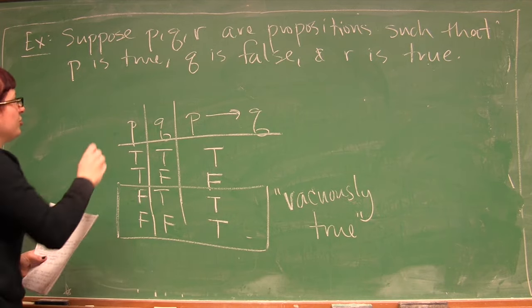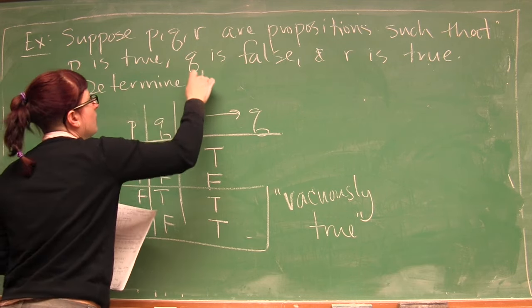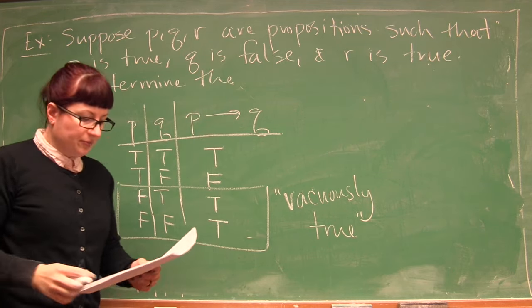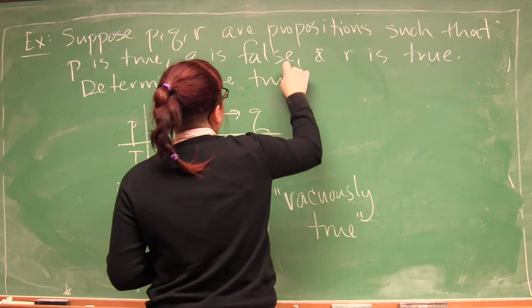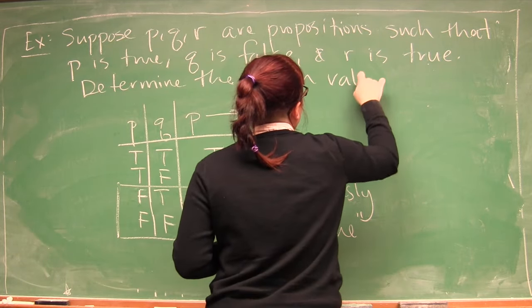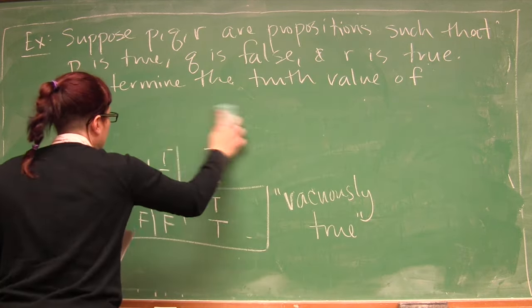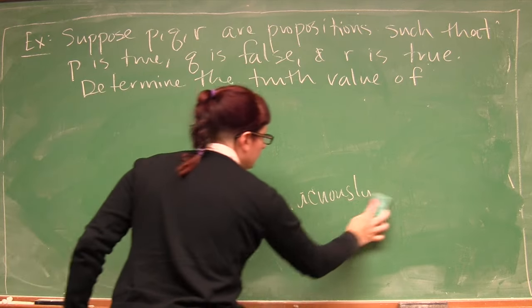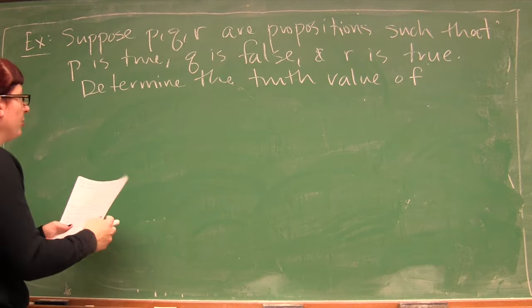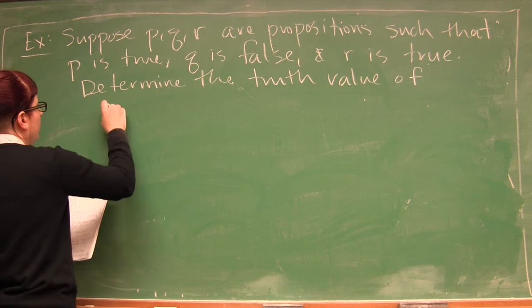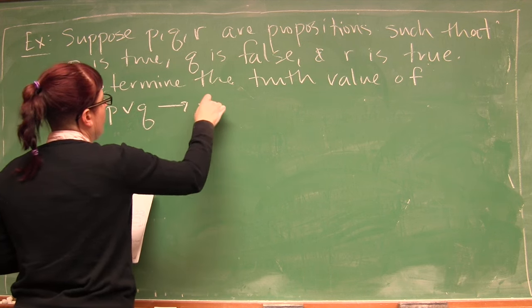So the question is to determine the truth value of the following proposition. The proposition we want to determine the truth value of is P or Q implies not R.